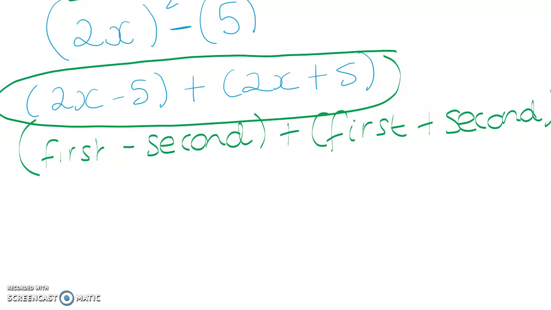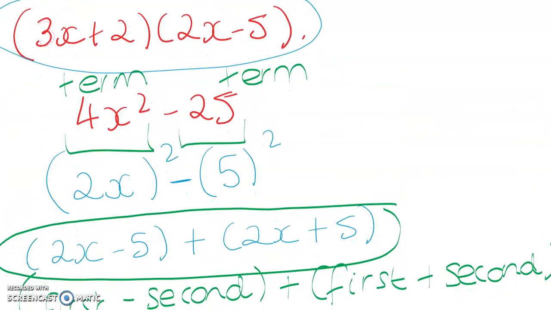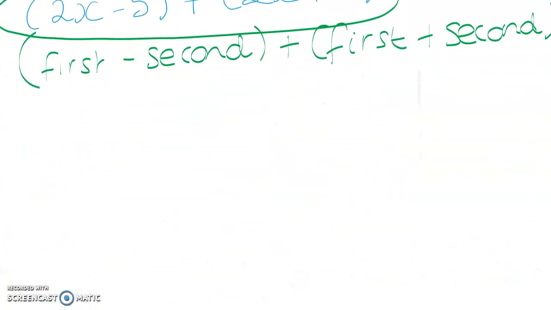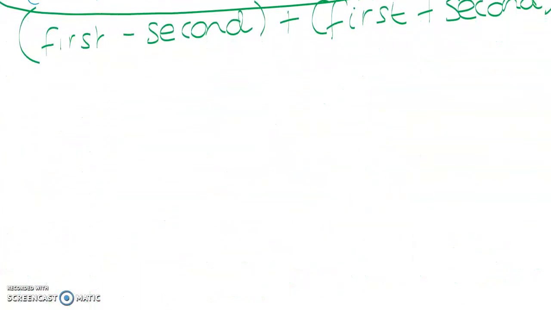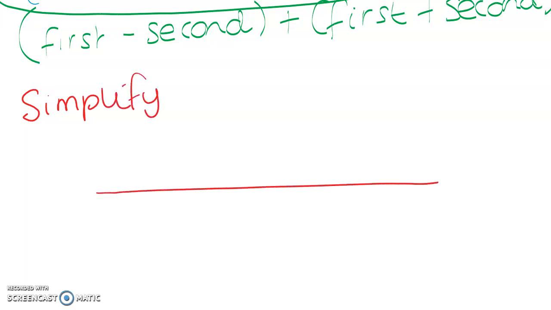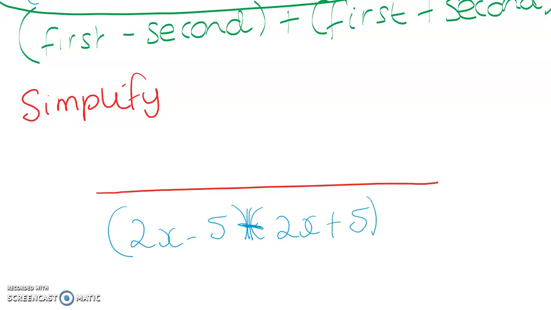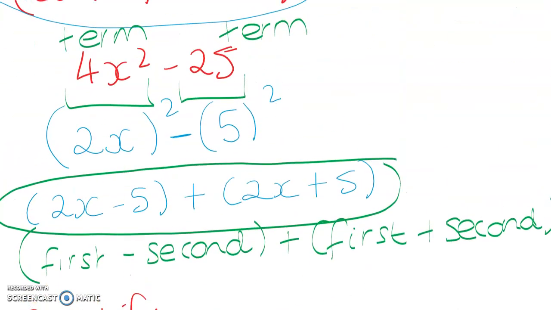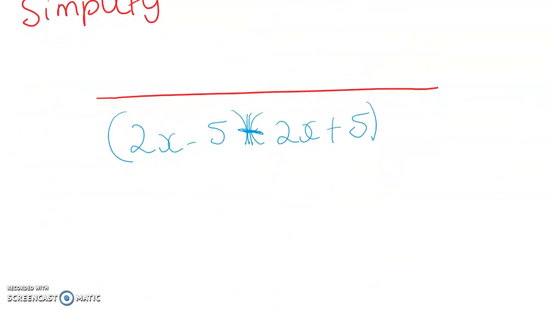Now all I'm going to do is put the two answers, the one in blue and the one in green, over each other, because I've now factorized and I now need to simplify. This is going to go in the bottom line, because that's the answer to the question for the bottom part. And the answer for the top part was 3x plus 2 and 2x minus 5.